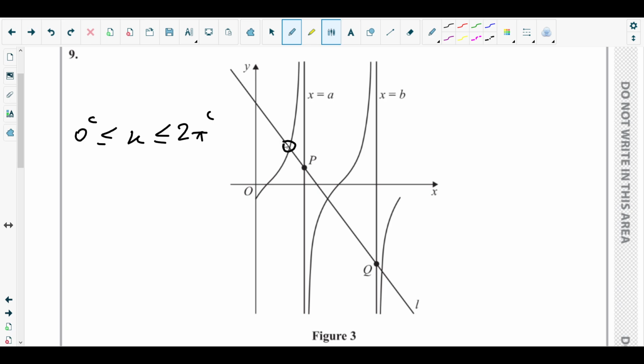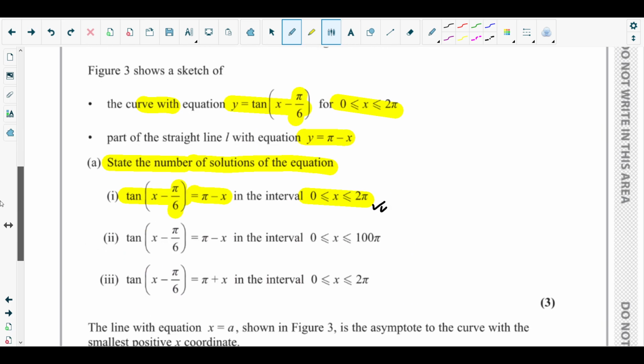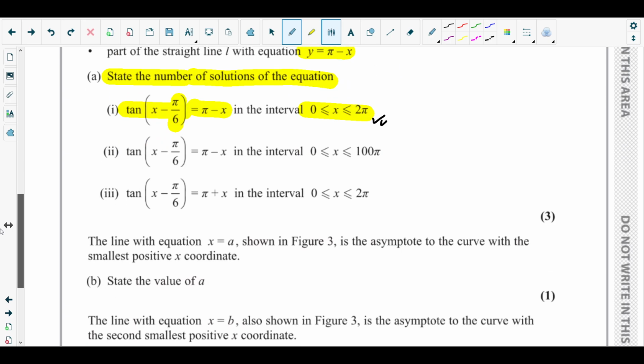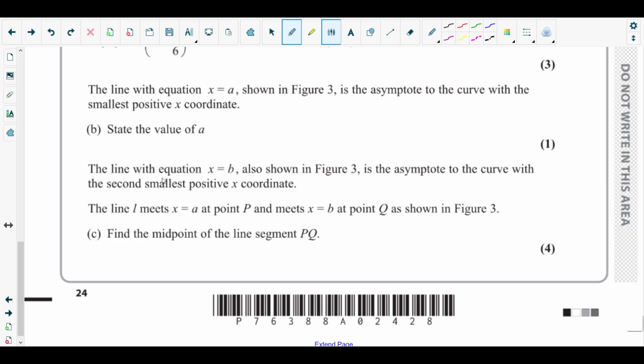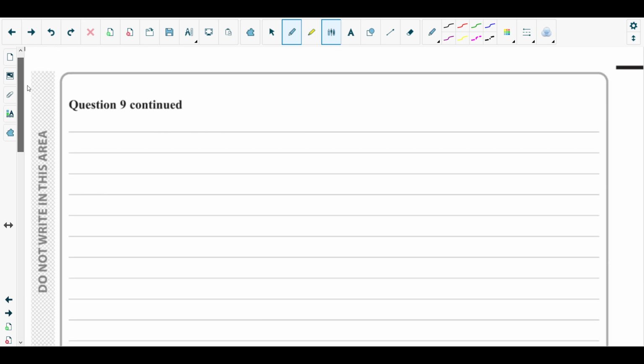This is the first one, second one, and then third one. So there are 3 points of intersection, which means this equation will have 3 solutions. For part A, part 1, the number of solutions is 3.